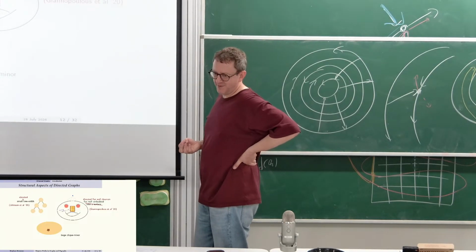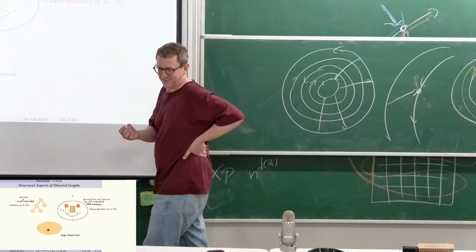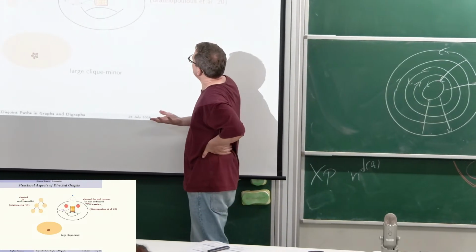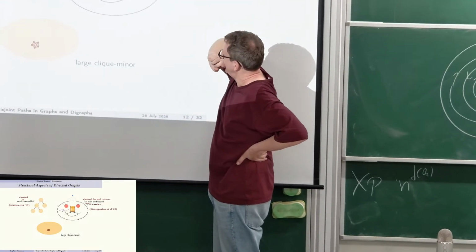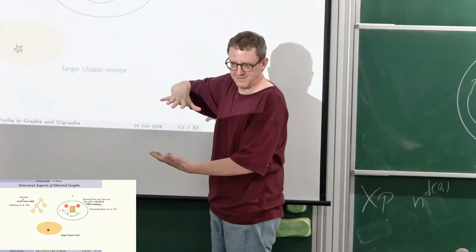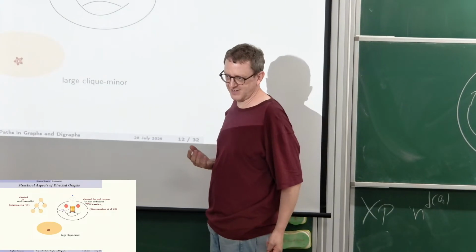So my feeling is maybe we were too ambitious, also getting carried away by initial successes like tangles and flat walls and so on. We were just thinking that there might be a very similar structure theorem for directed paths, as we have for the undirected case.